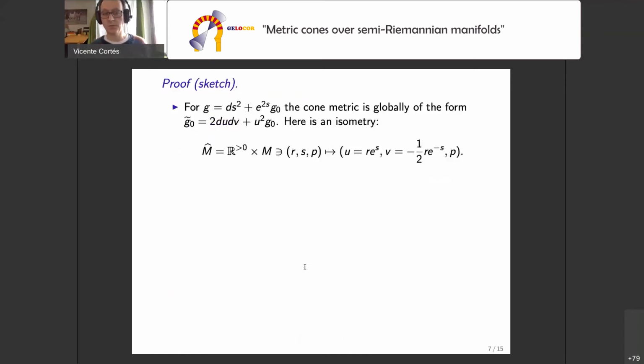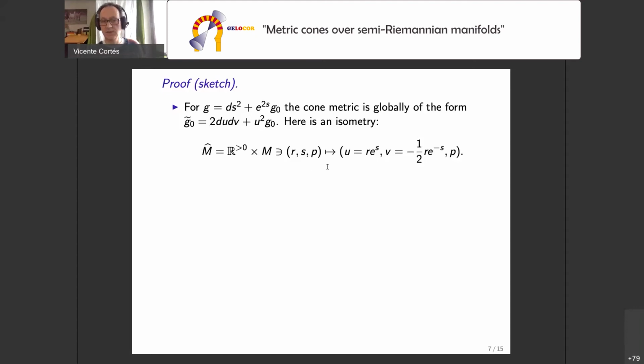Okay, so one part of this statement is rather easy to prove. If we start from the metric g, which is ds squared plus e to the power 2s g0, then you can consider the cone metric and just check that it's globally of the form g0 tilde. For this, you have to construct an isometry from the cone metric to this metric g0 tilde.